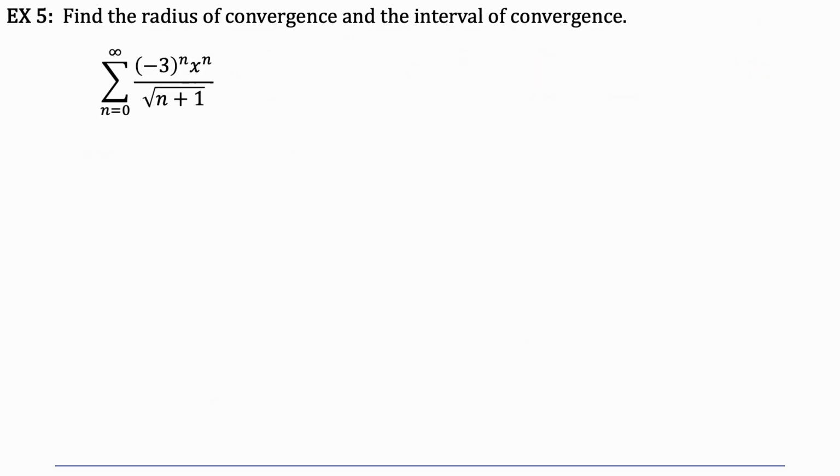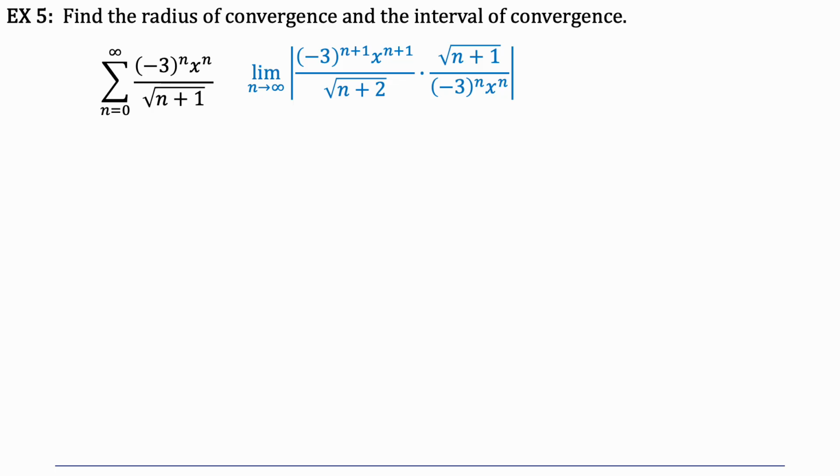Y'all, these take a lot of practice, so we're going to run through a couple of examples still. This one, we've got negative 3 to the n, x to the n over the square root of n plus 1. So again, we'll run the ratio test on that, taking the n plus 1 term, dividing it by the n term, and then we're going to let n head to infinity.